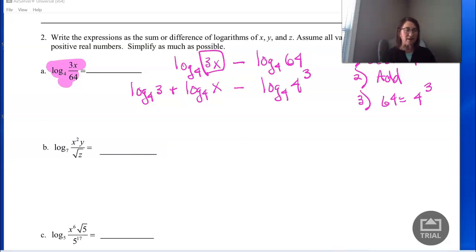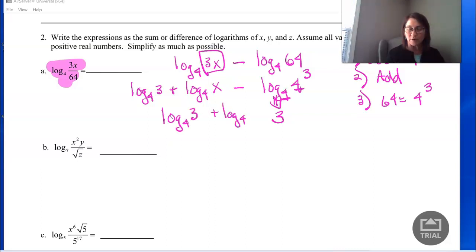I could apply the power rule, take that 3 and put it in front, or I could just recognize from my original 4 properties that when the bases are the same, that log evaluates to the exponent. So my final answer is log base 4 of 3 plus log base 4 of x minus 3. And that one is done.